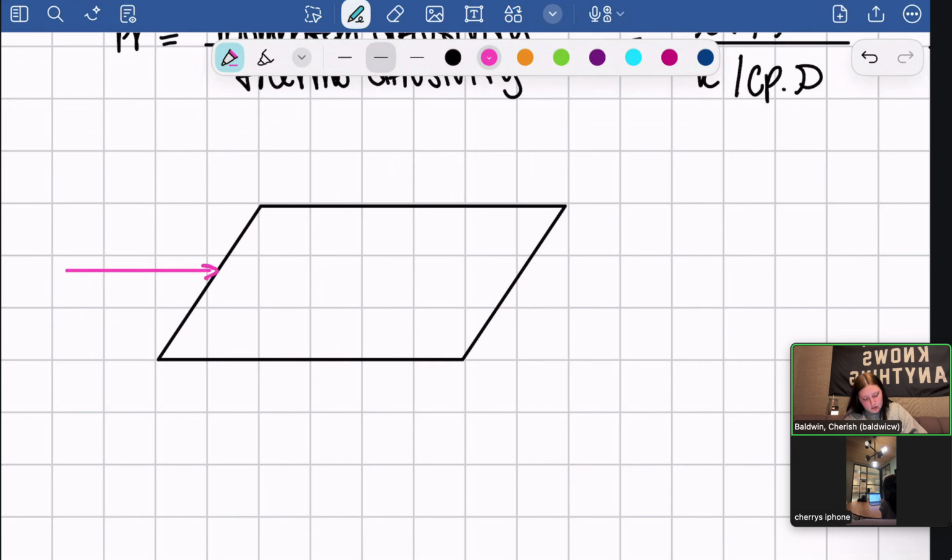Once the flow hits, it causes it to go in the upward direction, causing these to slow down once it hits it.